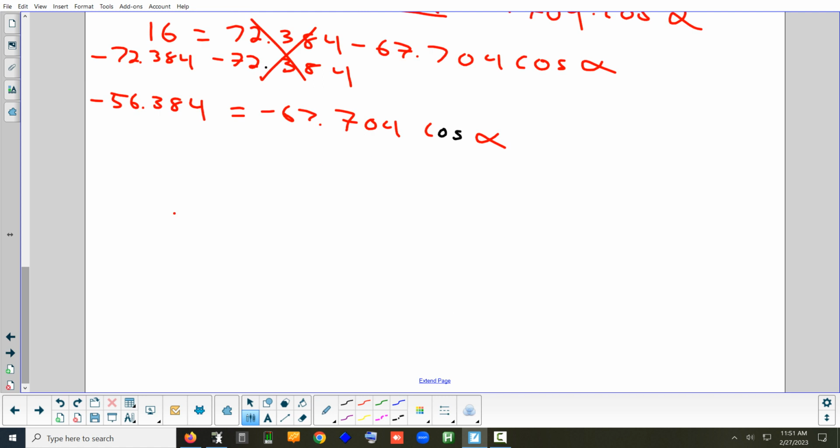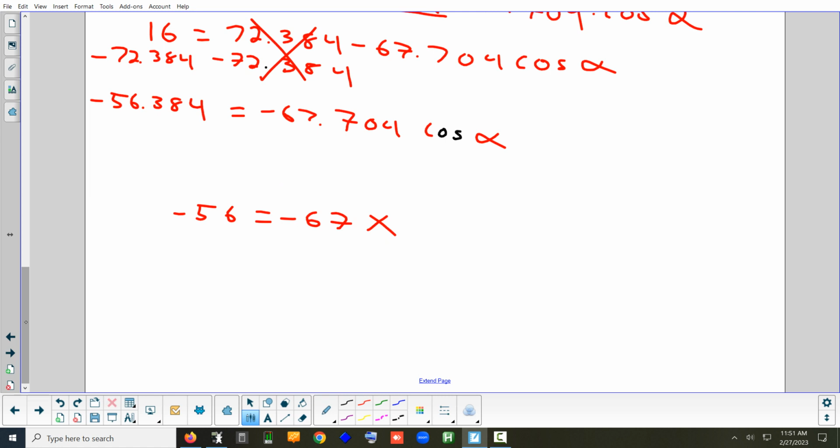And now what we have, if you want to think about it like an algebra 1 type of problem, is a number equals a number times something you don't know. How are you going to get your variable by itself?